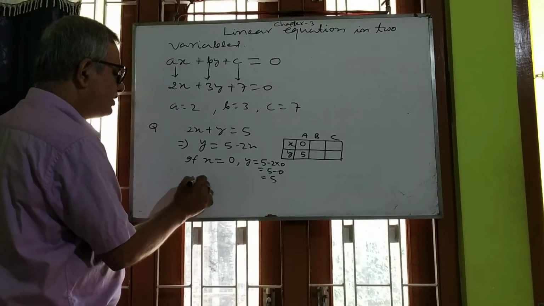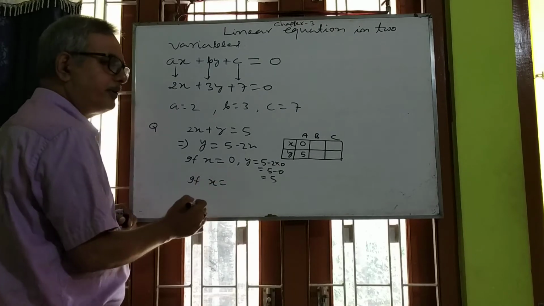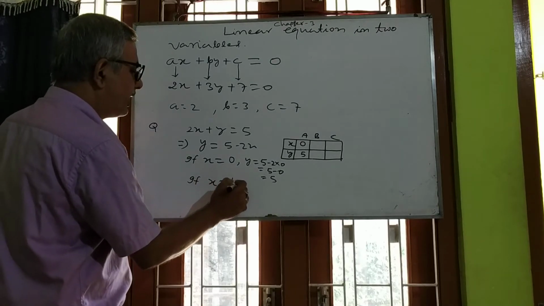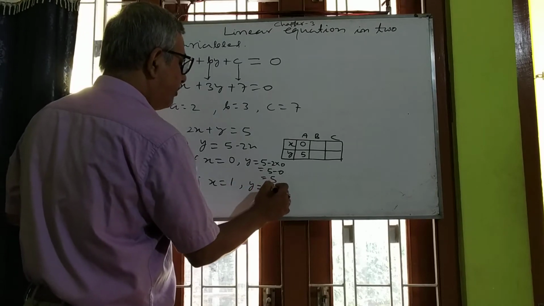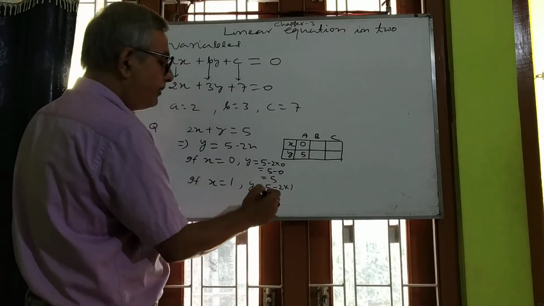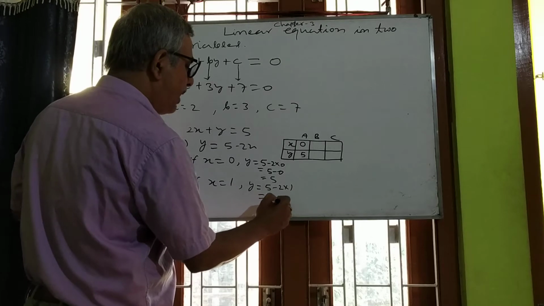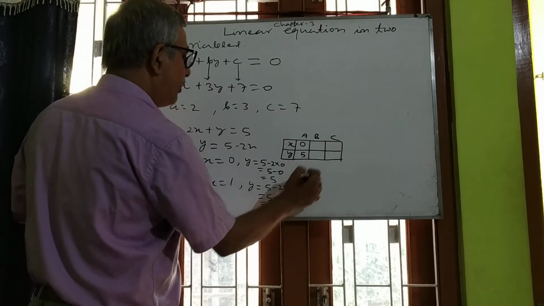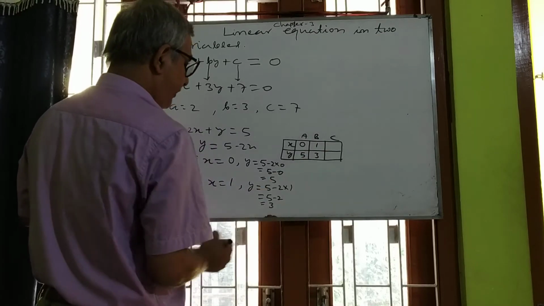If x is equal to 1 you will take, it's alright. Then y is equal to what you are getting? 5 minus 2 into 1. Instead of x, we are writing 1. So 5 minus 2, you are getting 3. So x is equal to 1, y is equal to 3.